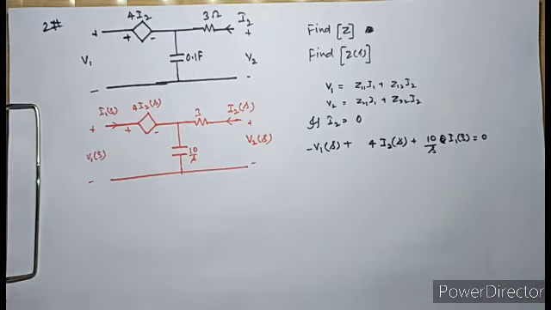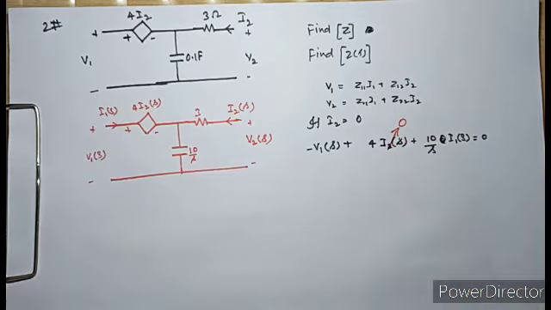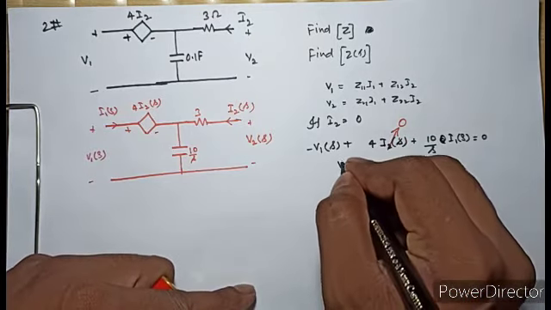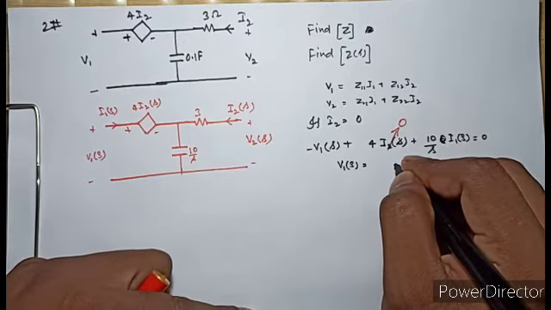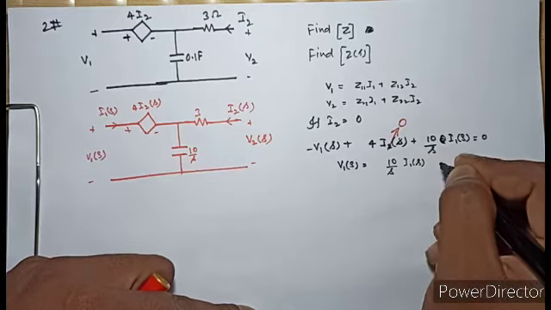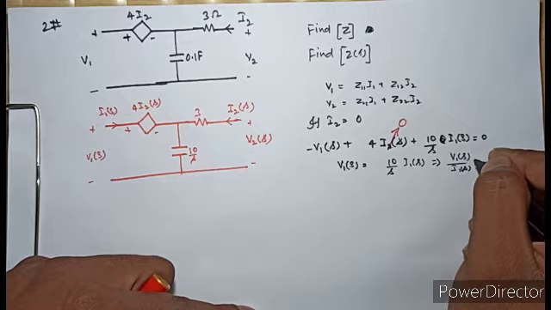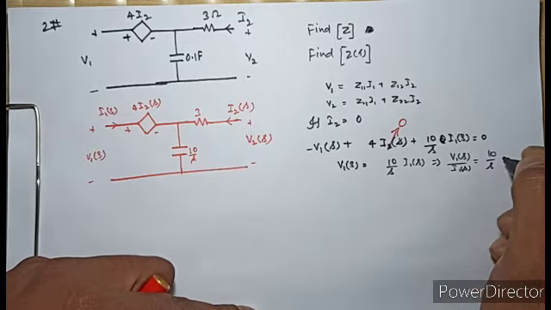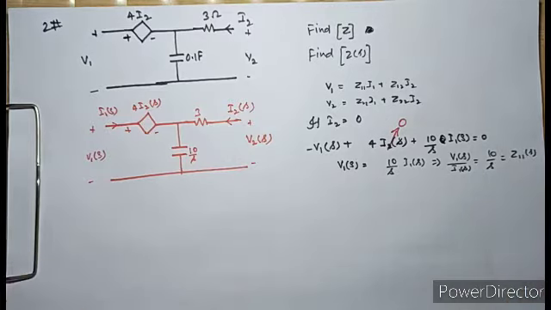Now as we have made I2 equal to 0, this term will become 0. So V1S will become 10 by S I1S, and V1S by I1S will become 10 by S, and this is nothing but our Z11 of S, isn't it?